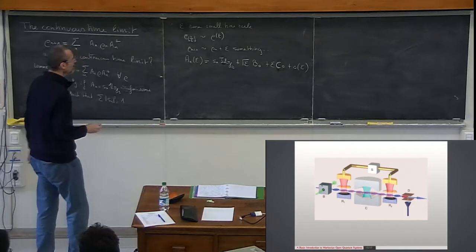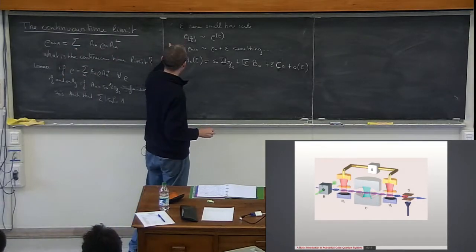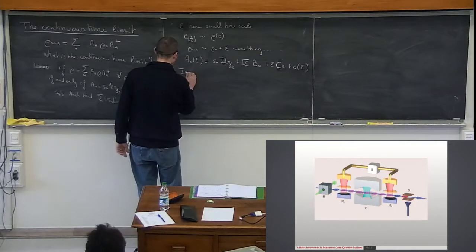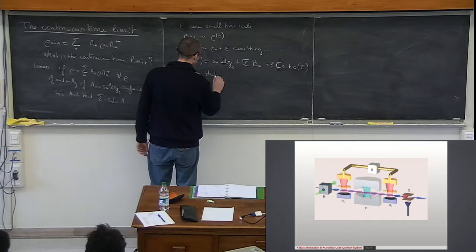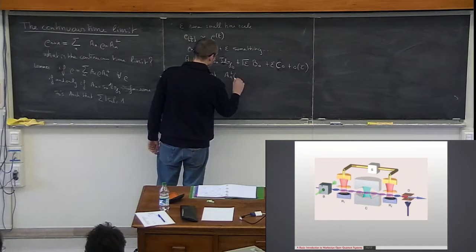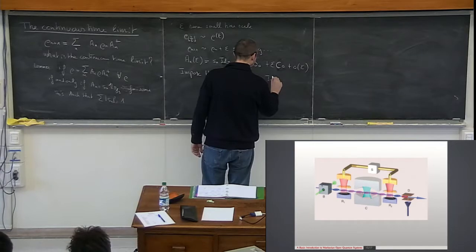But anyway, so what do you have to do with that? You have to impose that the sum over A of A_A dagger of epsilon, A_A of epsilon, is equal to the identity over H_S.